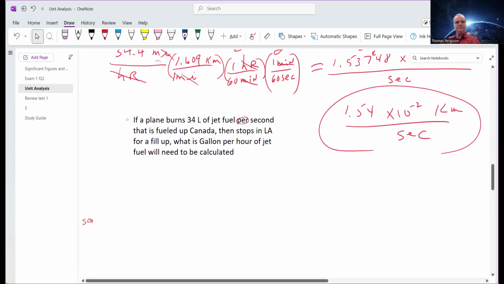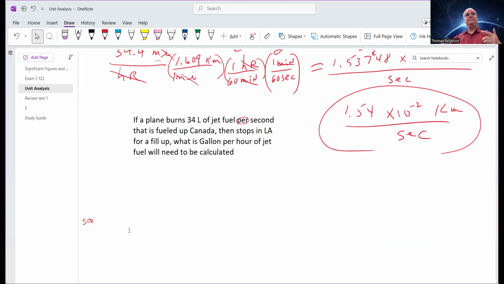If a plane burns 34 liters of jet fuel per second that is fueled up in Canada. Now, this problem is real. This came out of the news where a 737 crashed in Canada because they put liters in rather than gallons. So the plane ran out of fuel because liters are about a quart and there are 4 quarts per gallon.